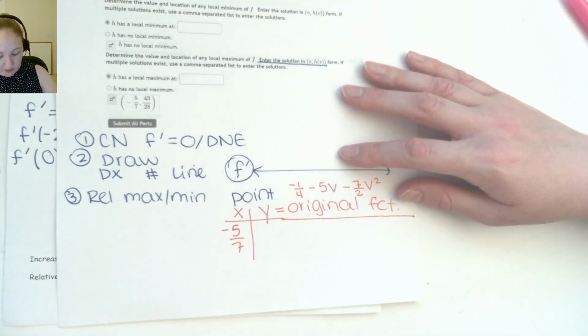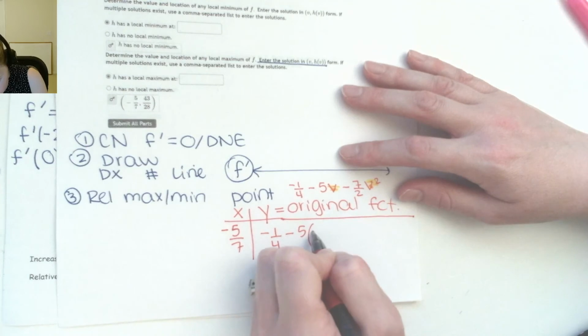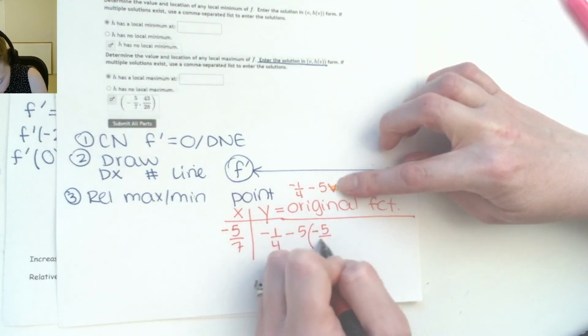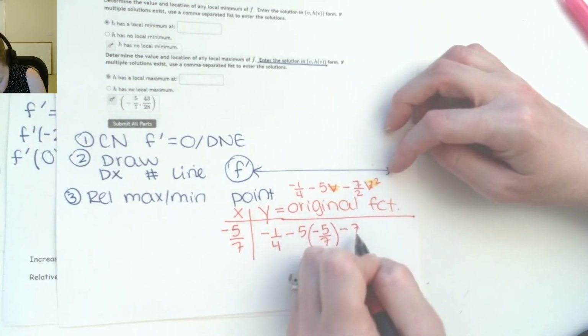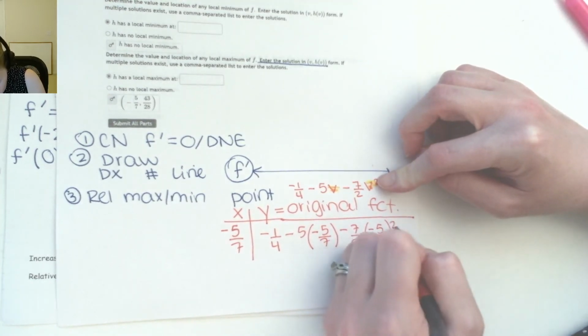So what I'm going to do is everywhere that I have this little v, I'm going to plug in the negative 5/7. So I have negative 1/4 minus 5 times, and for v, negative 5/7, minus 7/2, and for v, negative 5/7 squared.